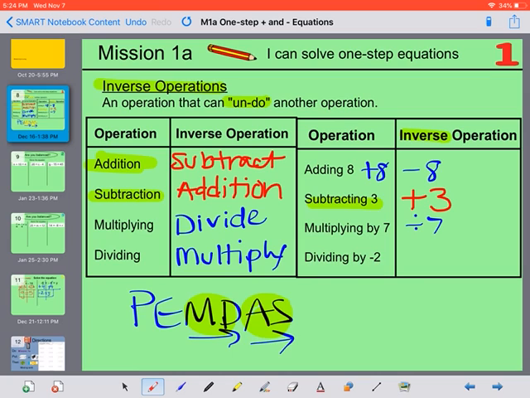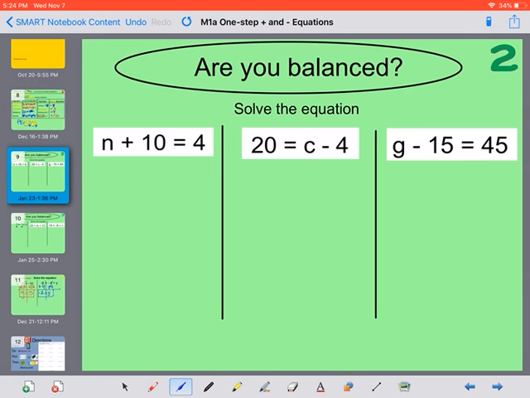And last, the inverse of dividing by -2. So we're looking at just the word here. The opposite of dividing would be multiplying by -2. Okay? So that one's tricky. If it's a negative number, you'd really divide by that negative number or multiply by that negative number, whatever the inverse is. So let's take a look at a couple equations.